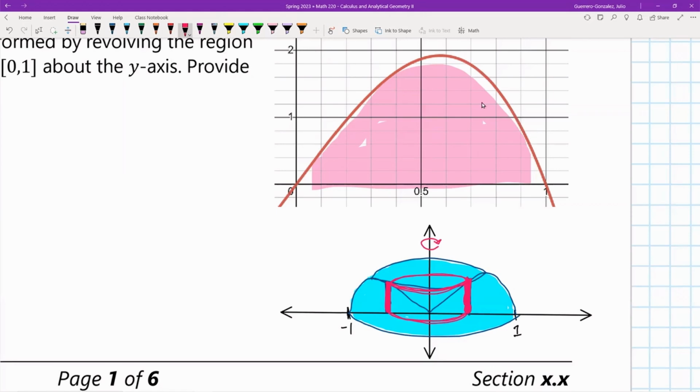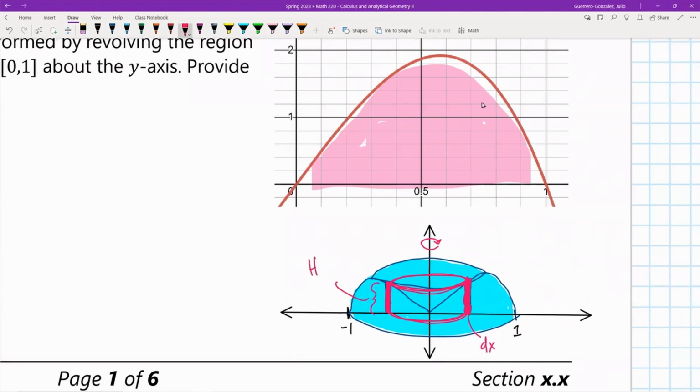Okay. There's a couple of things that I want to point out. You see, there's a reason why I drew this a little thick, right? The thickness that I gave this soda can is going to be our dx. We can see that this thing has a height. This height right here is going to be our height.